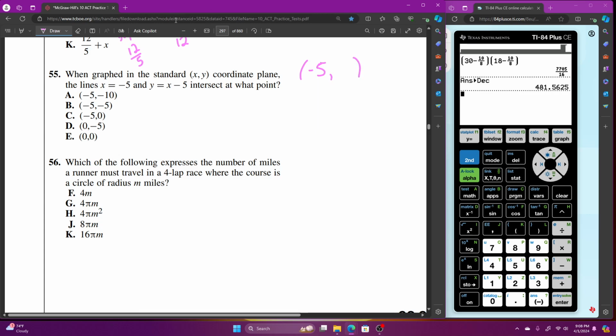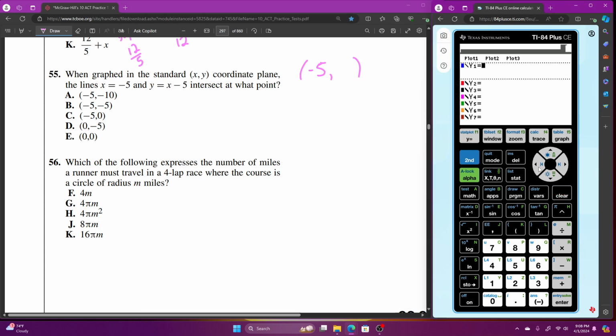So we can just graph our other equation here. Y equals x minus 5. And say, okay, well, what is y when x is -5? I can't see it on the graph, but I'll look at the table. When x is -5, y is -10.